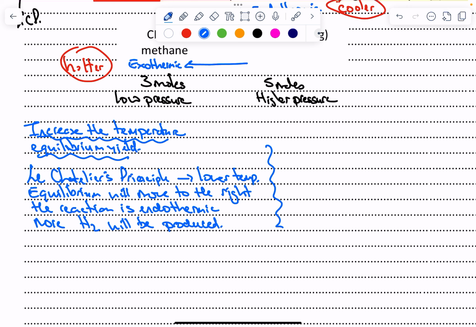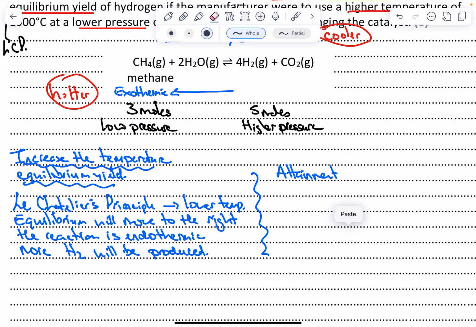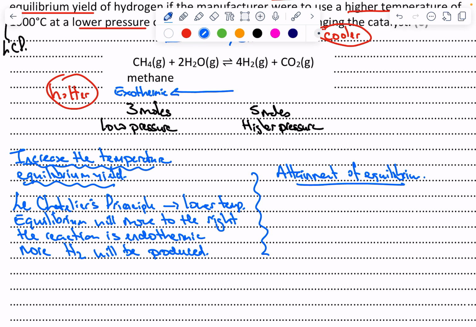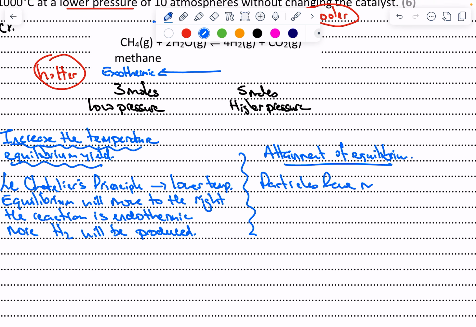If we now look at attainment, so attainment of equilibrium. If we have a higher temperature, then the particles have more energy.